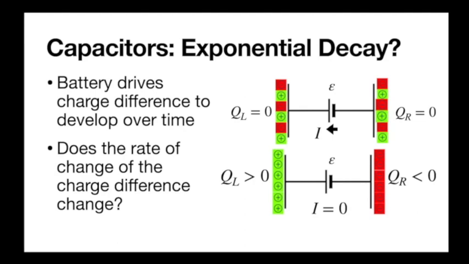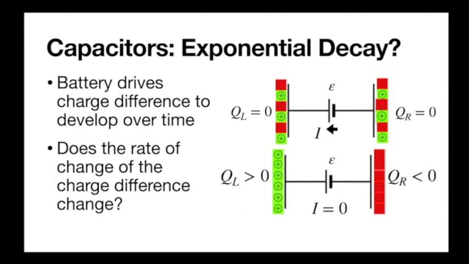So is this exponential decay? And we'll find yes, because the battery drives this difference to grow. And as we get closer and closer to the maximum difference between the two plates, then the current will slow down. We know that because, just like the delta H and the current for the water were related, where the current causes the delta H to grow, same thing here: our current causes this charge difference.